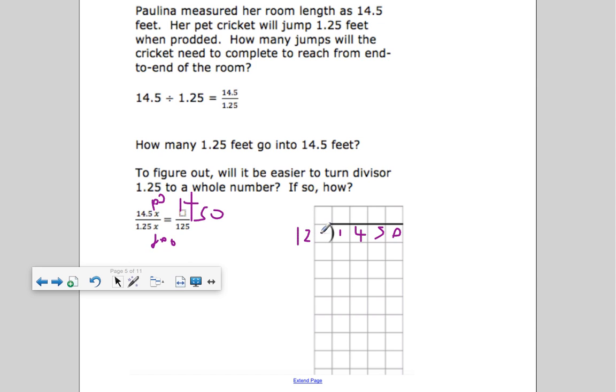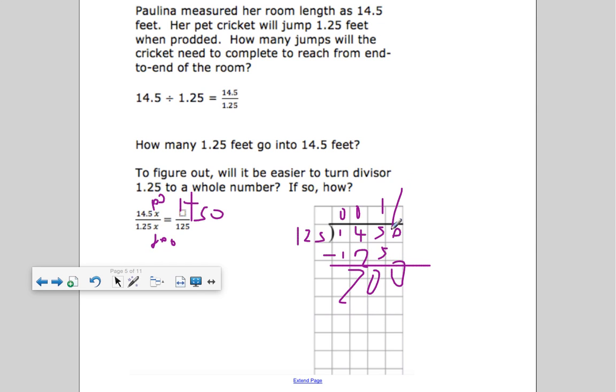Can 125 go into 1? Nope. 14? Nope. But it can go into 145 one time. If I subtract 145 minus 125, you get 20. How many groups of 125 go into 200?